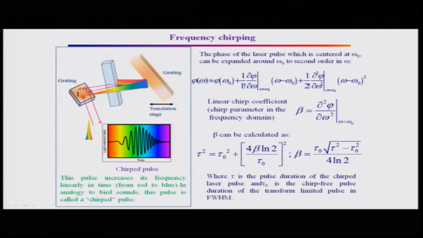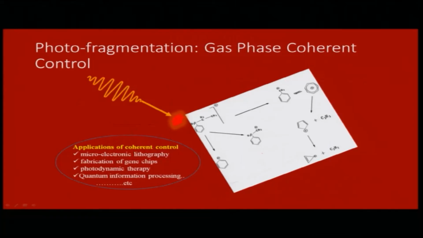So they have these principal ideas where the chirp parameters can be defined in terms of the change of the frequency as it undergoes within the pulse. And so their interaction with the molecular system can be understood as a function of the parameter.